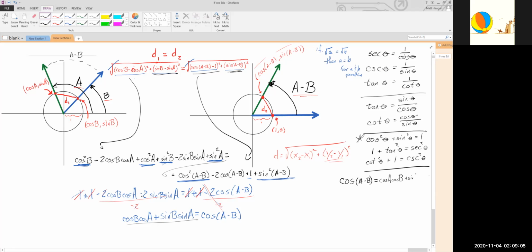So, okay, that's our angle difference formula for cosine.